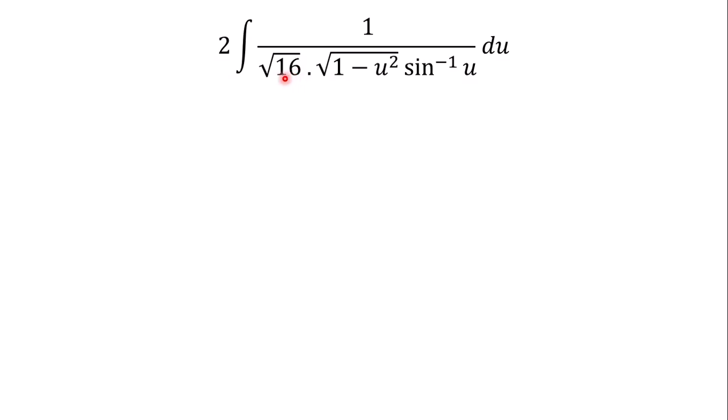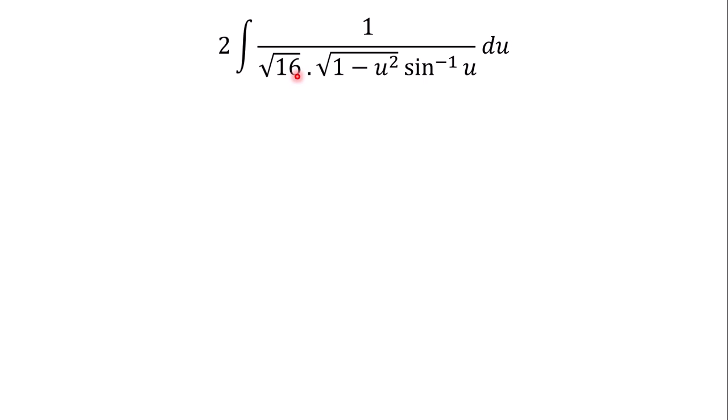Sometimes when it is of this form, you take it back, that is square root of 16 minus 16u squared. And sometimes when it is given in that form, you just reverse it.